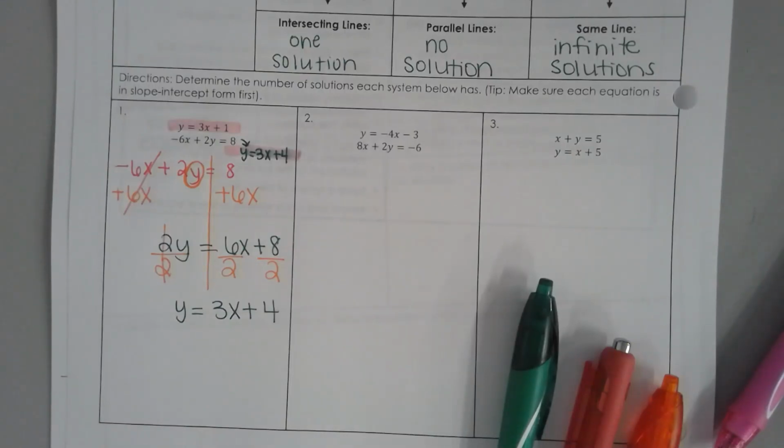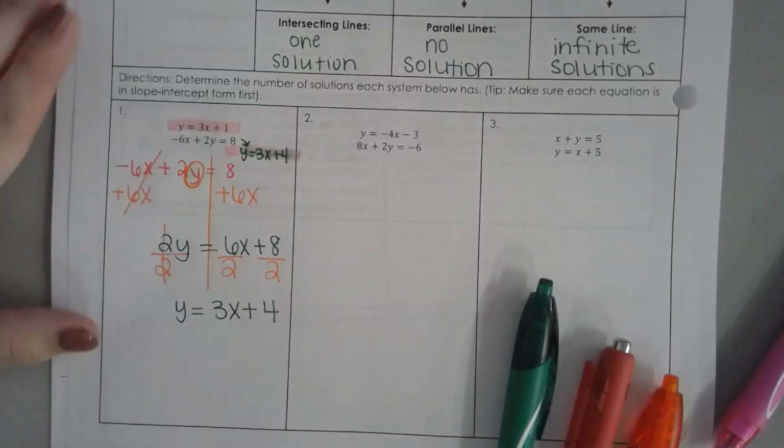They're parallel because the slope is the number in front of the x. Both of them have a slope of 3, they just have different lines.